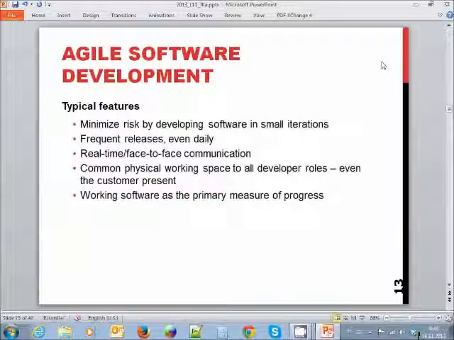So the typical features of agile software development are that agile projects try to minimize risk by developing in small iterations. It means that we only add one feature or a handful of features over a relatively stable release candidate, so that we can always roll back our development if there's some serious problem and start again, losing a relatively small amount of work.